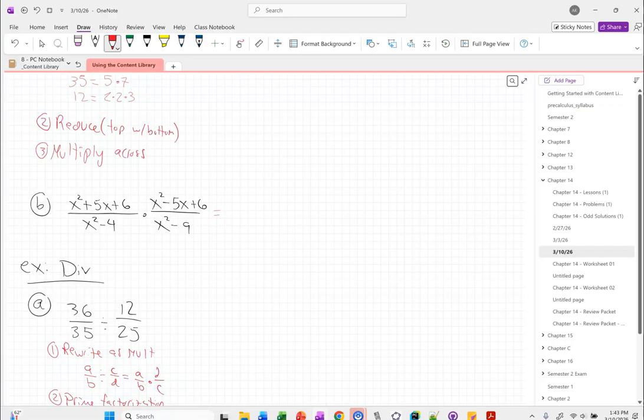X plus 3 and x plus 2. Now, I know this is a prime factorization because x plus 3, I can't factor that anymore. And x plus 2, I can't factor that anymore. Not because 3 is a prime number, but because I can't factor the polynomial x plus 3 anymore.